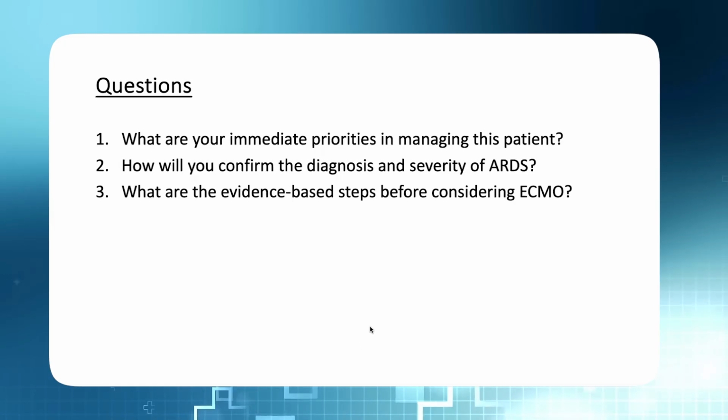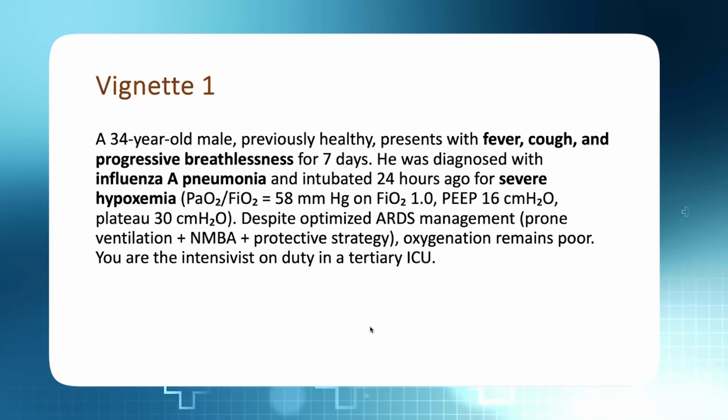Here your answer will be: sir, since we have done all the management to improve mortality and morbidity of severe ARDS, like proning, ventilation, neuromuscular blocking agent, and lung protective strategy, my patient is still hypoxic. PO2 FiO2 58 means the patient is in severe ARDS, PEEP is already high, plateau is maximal.